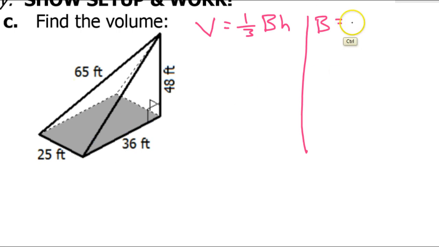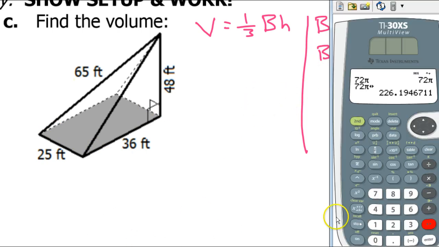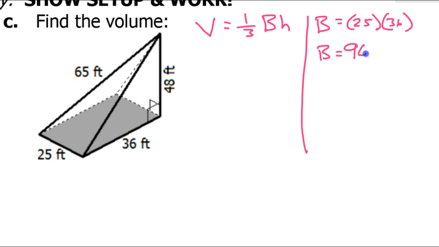The area of a rectangle is base times height. So that's just going to be 25 times 36. That's the area of this rectangle. So the area of the base is 900.